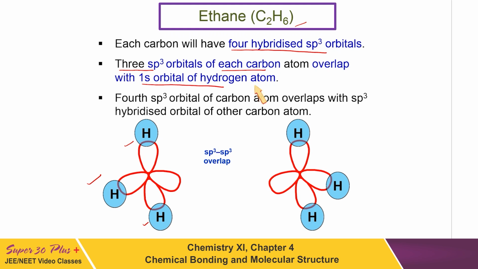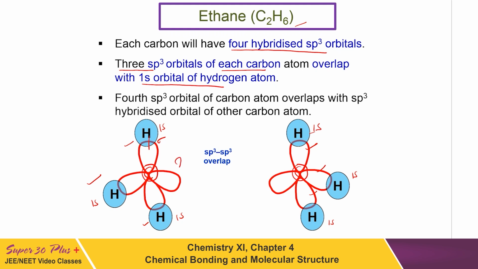This is carbon. This is also carbon, and 3 orbitals of carbon overlap with the 1s of hydrogen. This is 1s of hydrogen, and they are forming sigma bonds, right?